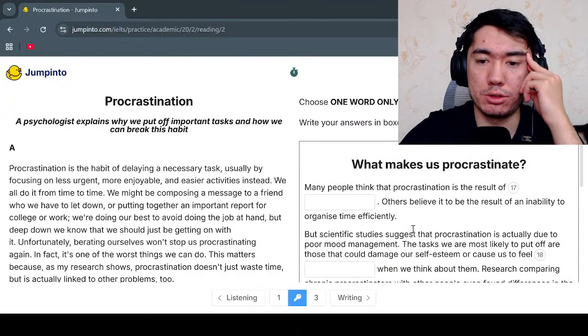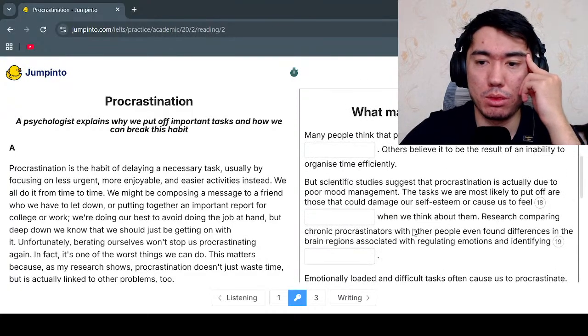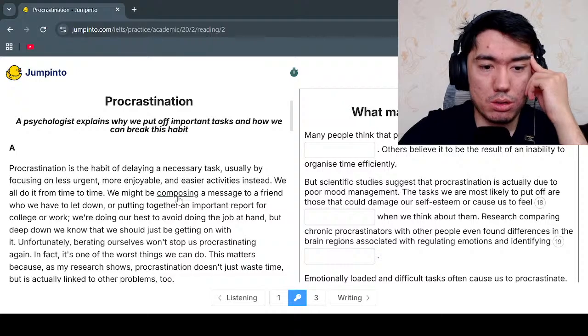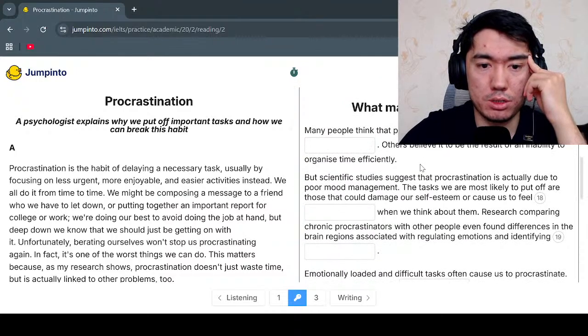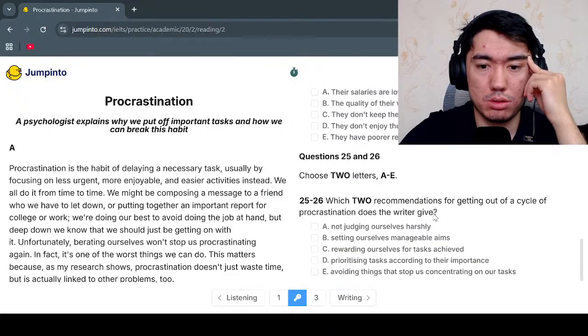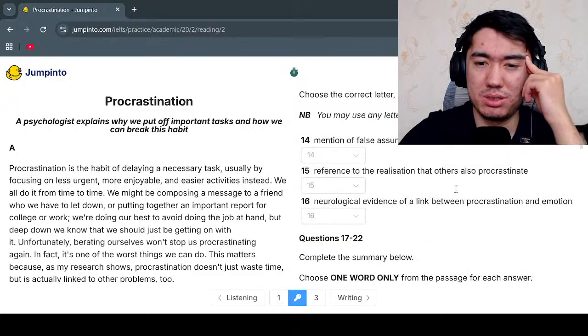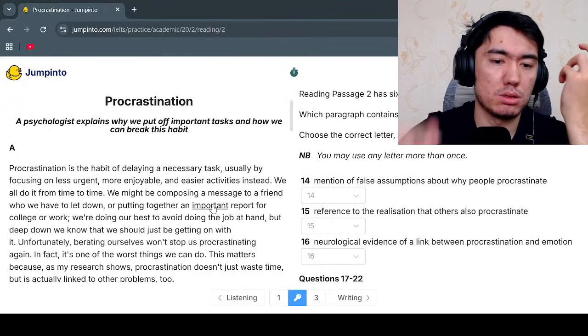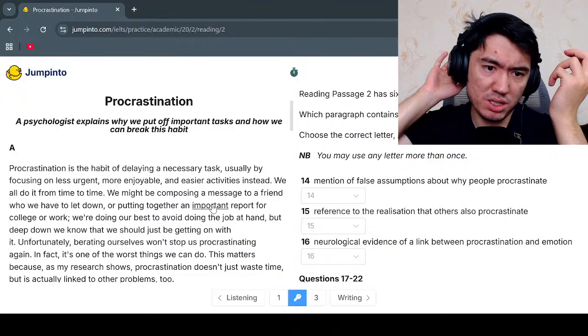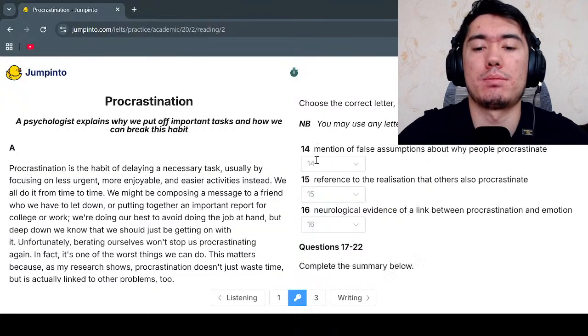So it's just more logical to do it that way. I think this should come first. But I'll check. Employees who often procrastinate, those who do not are mentioned. Employees. Okay, there's nothing about employees, I think, in the beginning. So I'll start with this.